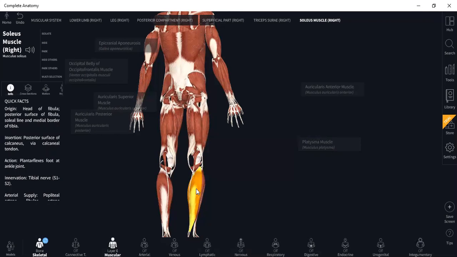And soleus is also involved in plantar flexion at the ankle joint, so pointing those toes. So both soleus and gastrocnemius are involved in plantar flexion.